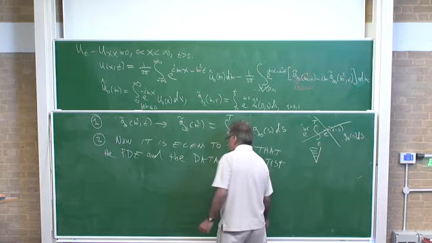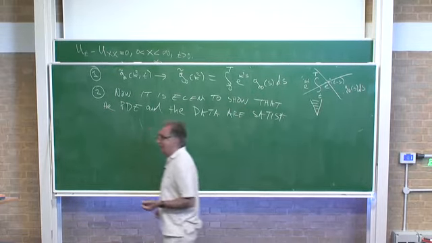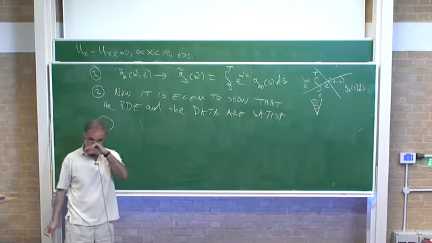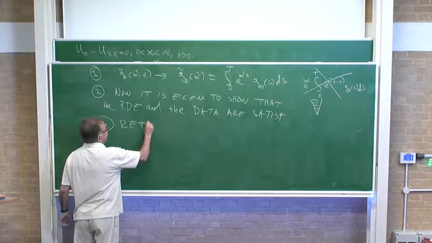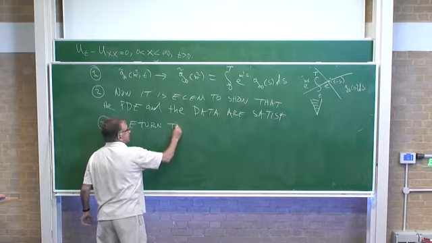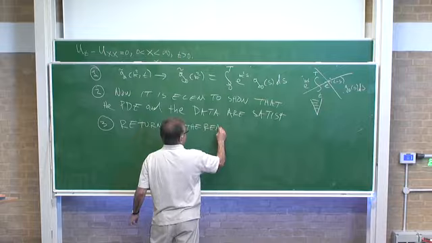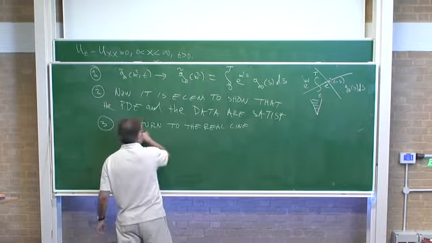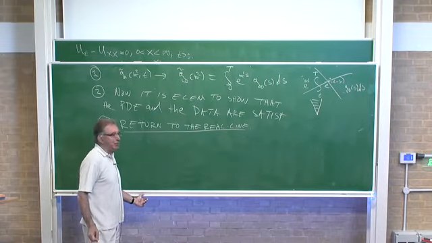And now, why this problem can be done by a transform. This is what I call return to the real line. Return to the real line.